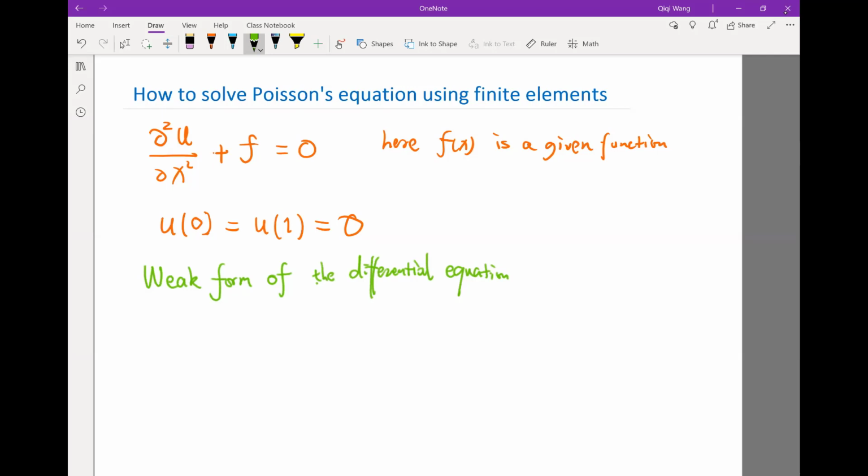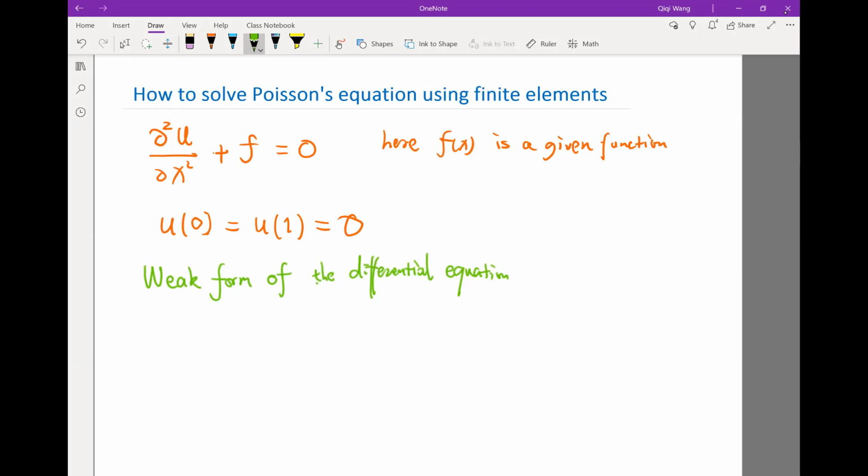In finite difference, we directly discretize the differential form of the equation. In finite volume, we integrate the differential equation over an arbitrary domain, right? Over an arbitrary interval in 1D and an arbitrary domain in 2 and 3 dimensions, and solve the integral form of the equation.